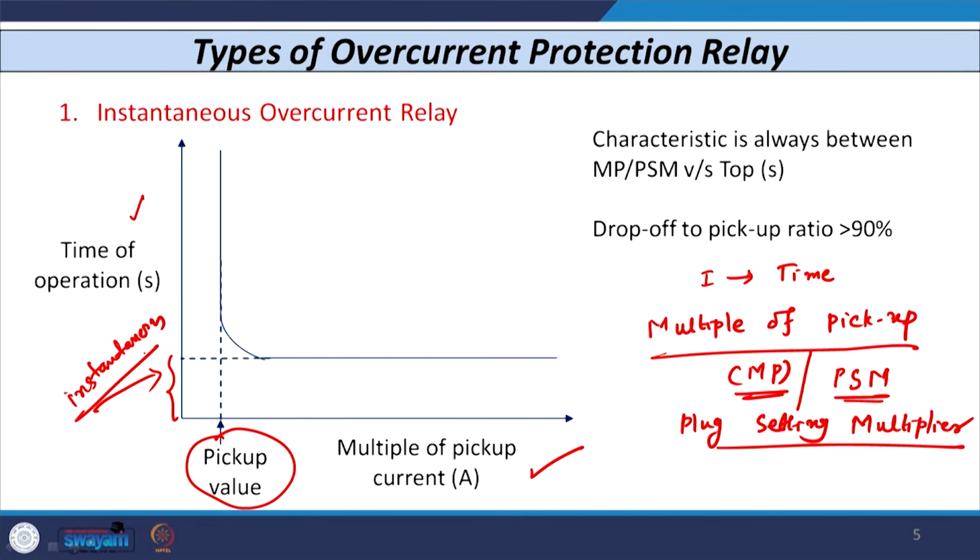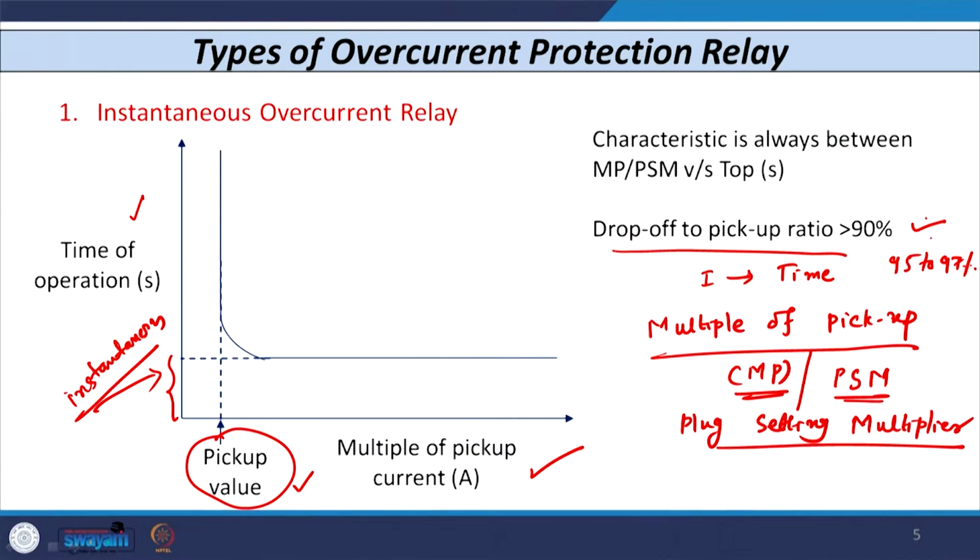The second very important thing is the drop off to pickup ratio of this relay. So, whatever relay is available in the market has some pickup value, say this value we have set here. It also has some drop off value. Drop off value is the value of current at the point of time when current gets discontinued. So, if I take the drop off to pickup ratio, this should always be greater than 90%, then the relay is very good.